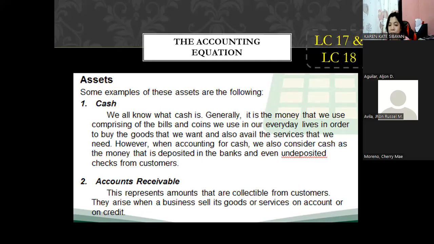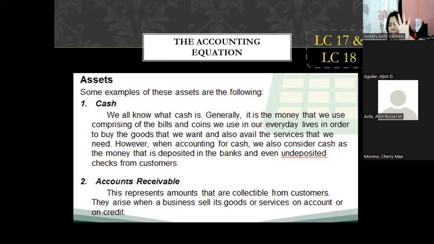Actually, yung accounting equation na yan, pinaka-basic na yung assets equals liabilities and owner's equity. Pag in-expand natin yan, dito na naman introduce yung 5 major accounts, which are asset, liability, capital, expenses, and revenue.